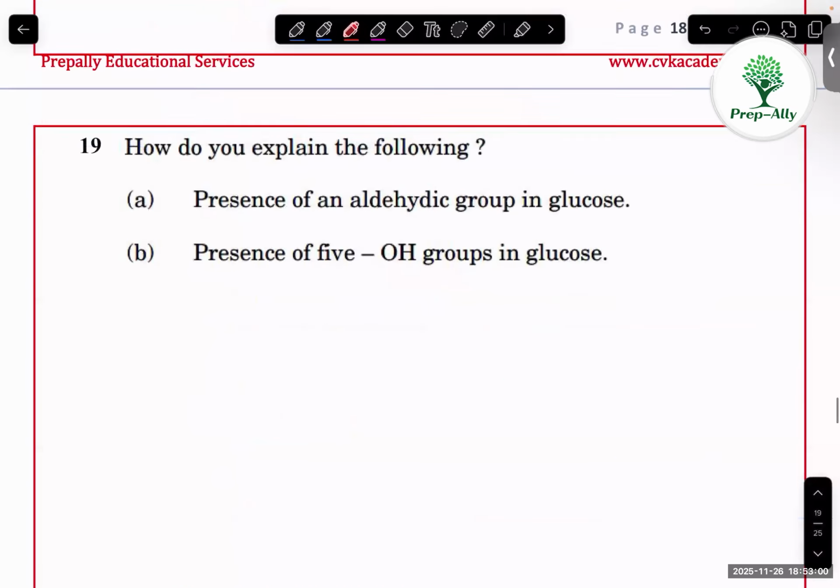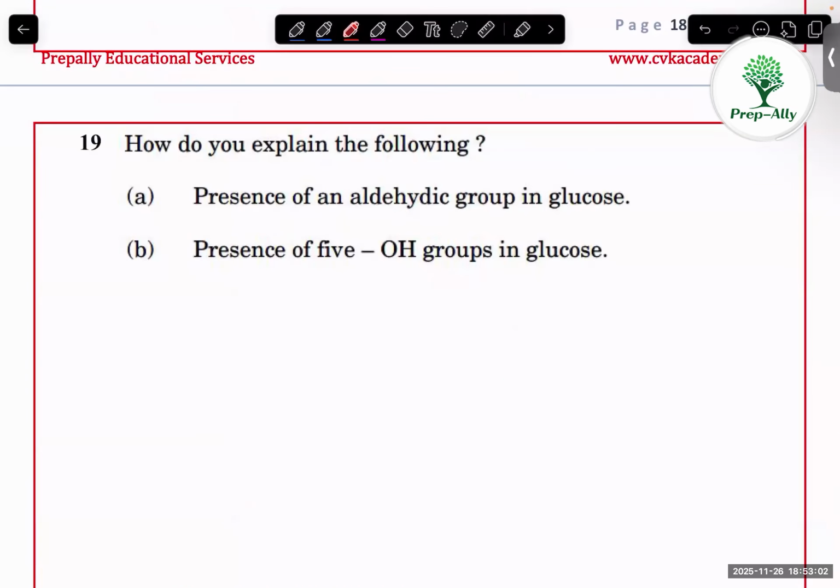Now 19th question, how do you explain the following? So this is also the same question. This is what I was telling: from the hydrocarbon chapter, there are no new questions. Questions will only keep repeating and repeating. If you look at the previous class videos, the previous question, you will see that to prove the presence of an aldehyde group, we just need to react the same thing.